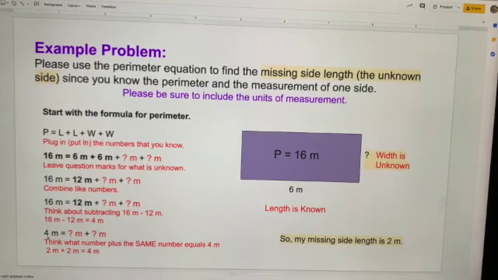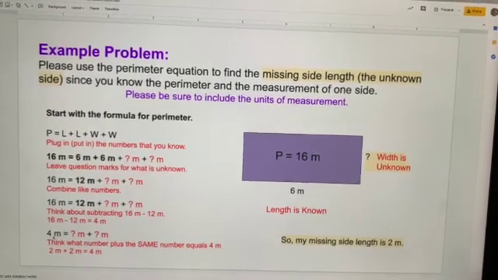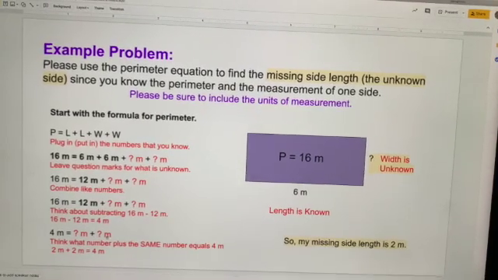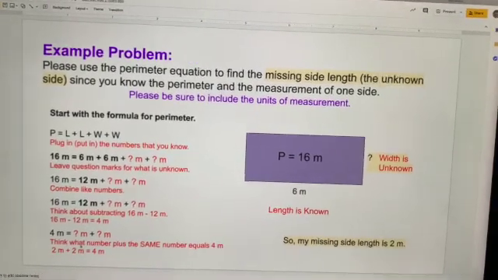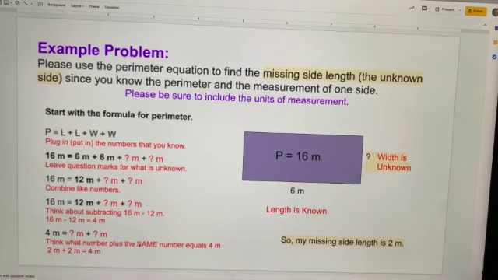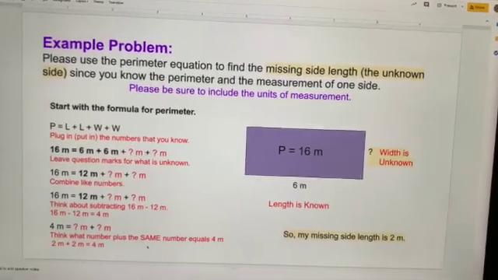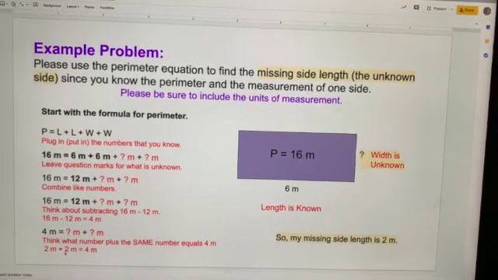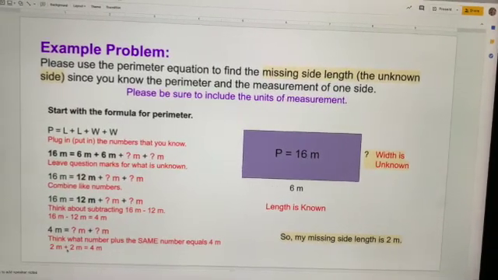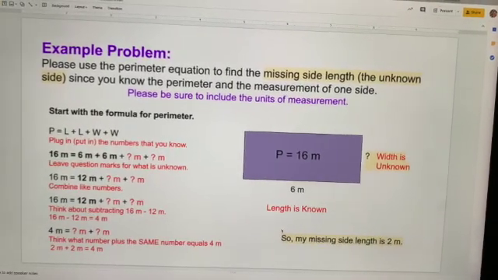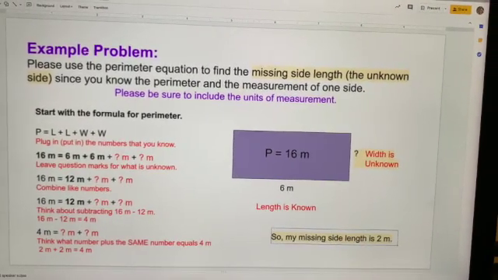So you leave your 4 meters here and you ask yourself, 4 meters equals what plus what? You have to think about what number plus the same number equals 4 meters. I know 2 and 2 are the same number, so 2 plus 2 is 4. So my missing side length is 2 meters.